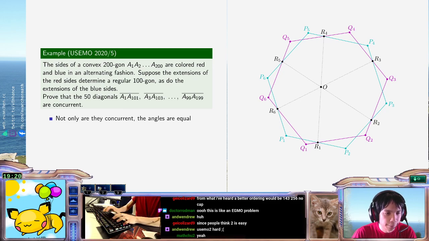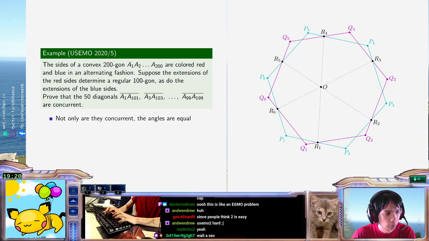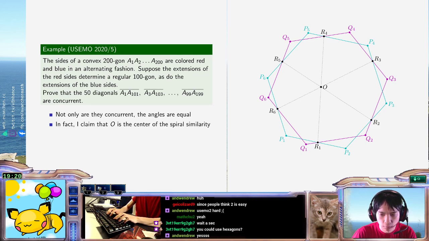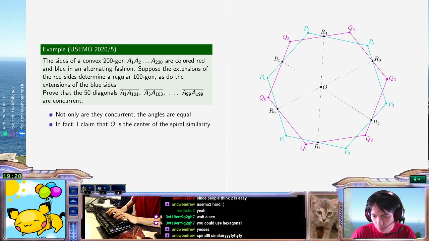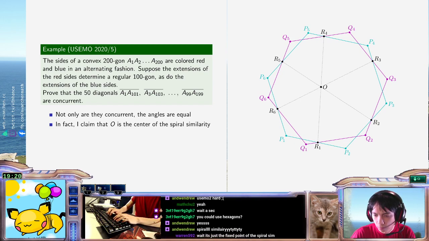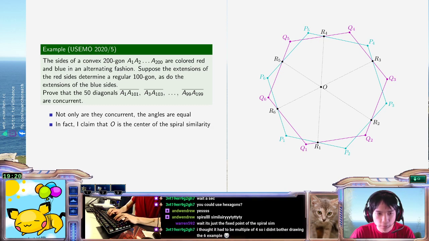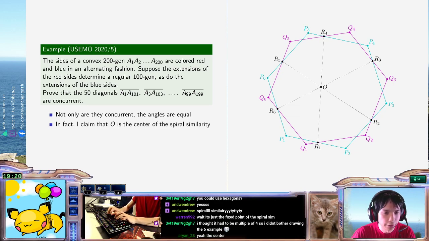In fact, I claim O is the center of the spiral similarity. Let's just define O to be the center of the spiral similarity.